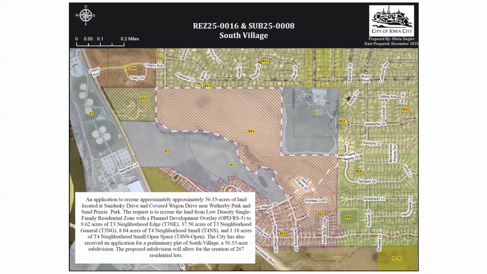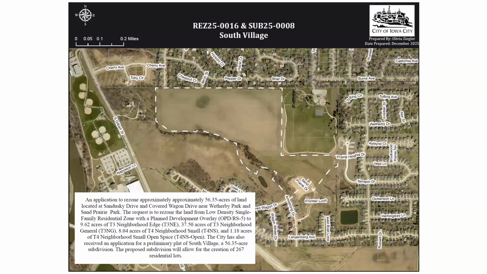Okay, so the P1 means park, and the P1 that's edging on Gilbert Street is the Sand Prairie Park. Yeah, that middle section right here is Sand Prairie. This is Weatherby, and that's Sand Prairie. Okay. Could you go back one? Go back another.